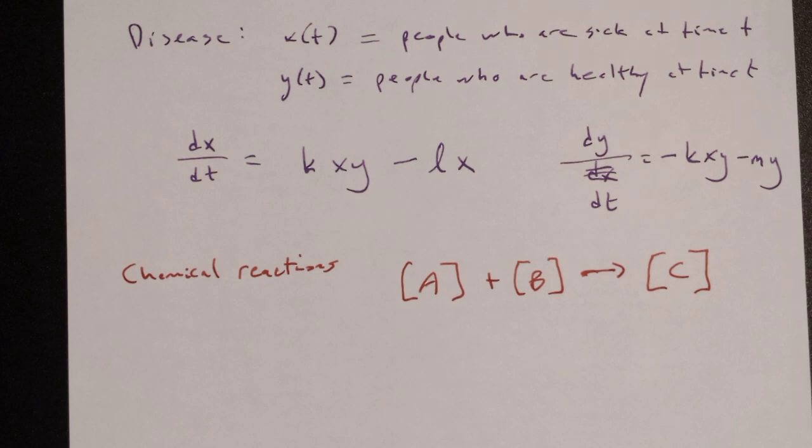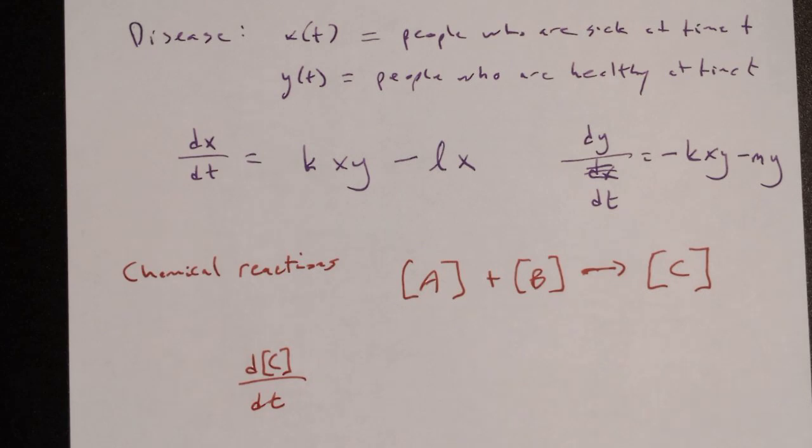Okay, wait a minute. If this is what's going on, then how fast is the amount of chemical C changing? Every time I lose one molecule of A and one molecule of B, I'll gain one molecule of C, because that's how they get made, right?